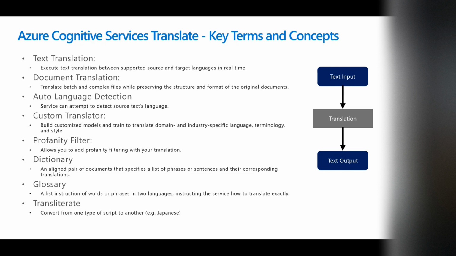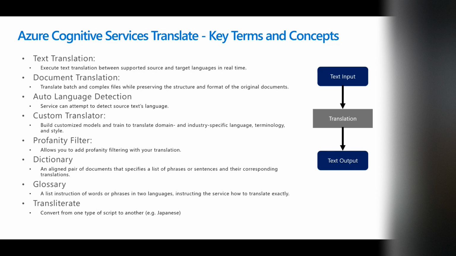If there are documents, and we will look at this in the demo, basically you place the documents in a storage account, in a blob container, and it picks those documents up from there, translates them, and puts them in a different container that you assign. So it's more like a batch process.